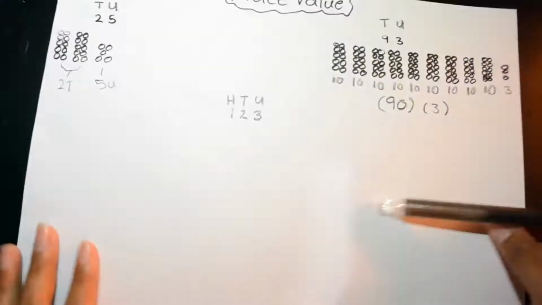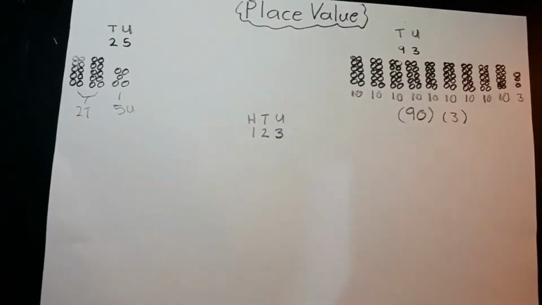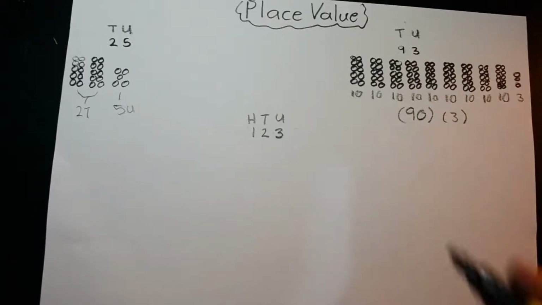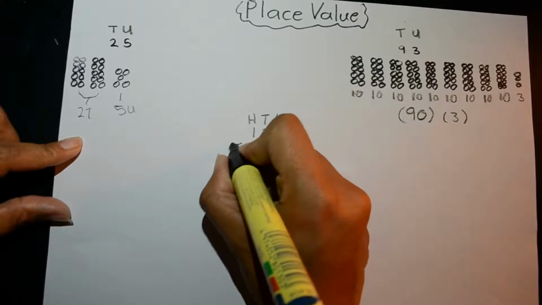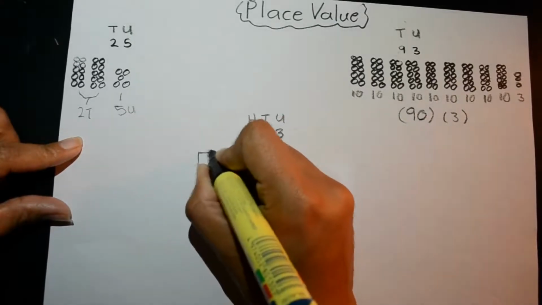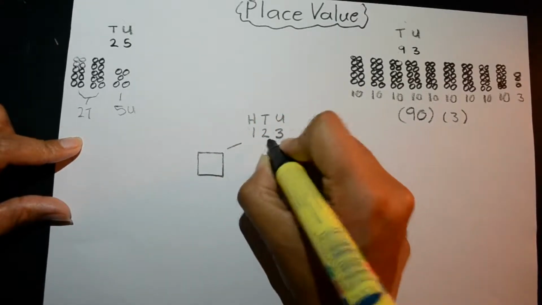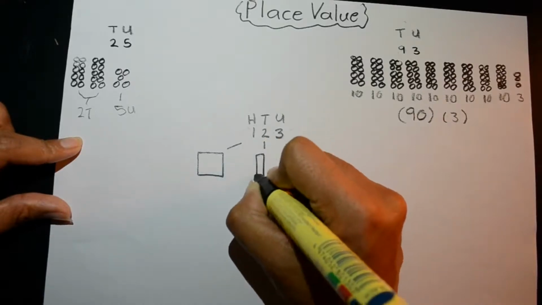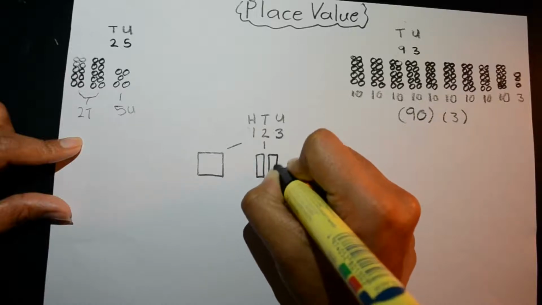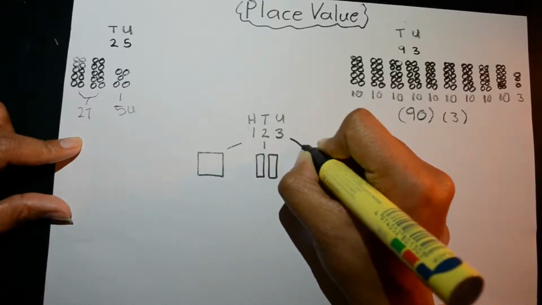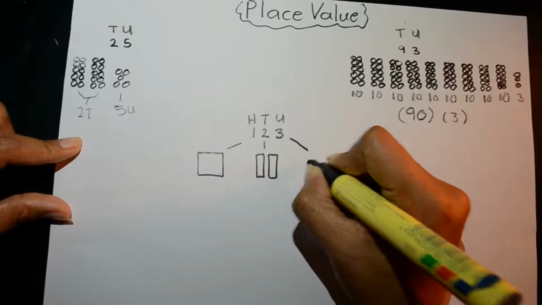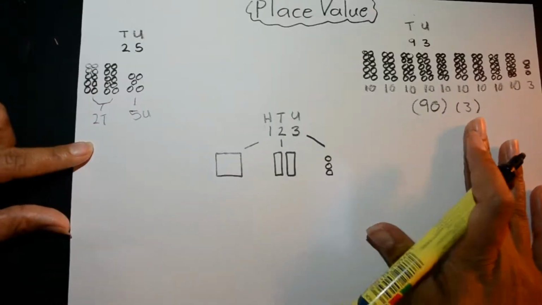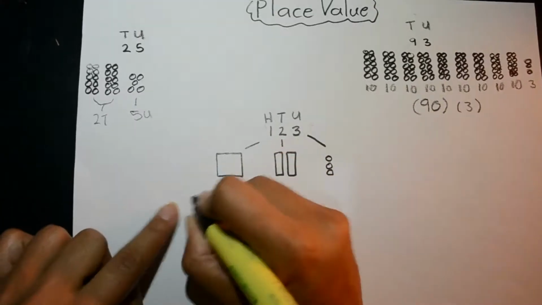So if I come here again, I'm now going to show exactly that. On this side I have a 100 block, and then here I have 2 tens, like this, and on this side I have 3 loose ones.